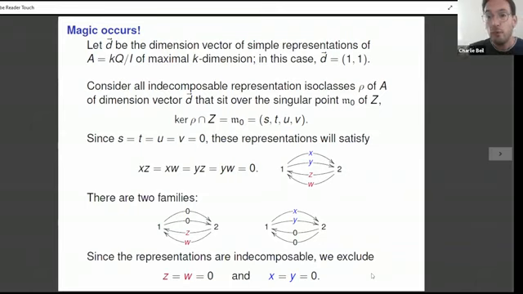So there are therefore two families, two ways to get that these four are all equal to 0. We can either have the top two arrows be 0 or the bottom two arrows be 0. And because we're requiring the representations to be indecomposable, we can't have both Z and W be 0 if we take the left-hand side, or if we take the right-hand side, we can't have both X and Y be 0.